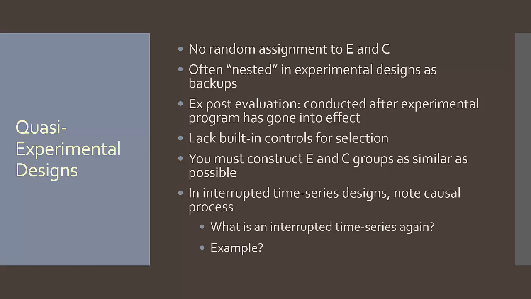Or when you conduct something like an interrupted time series. And that's usually the case when you're implementing laws, right? A great example is studying prosecutorial discretion after the implementation of sentencing guidelines, right? So up until the 1980s, there were no guidelines for sentencing people.